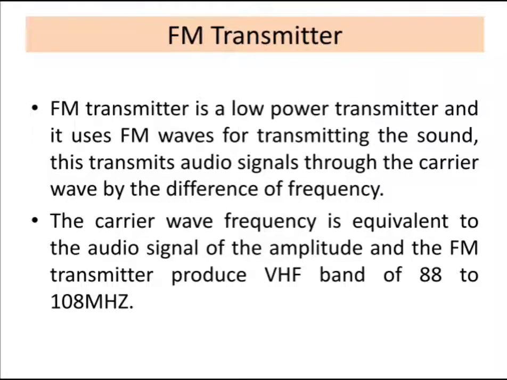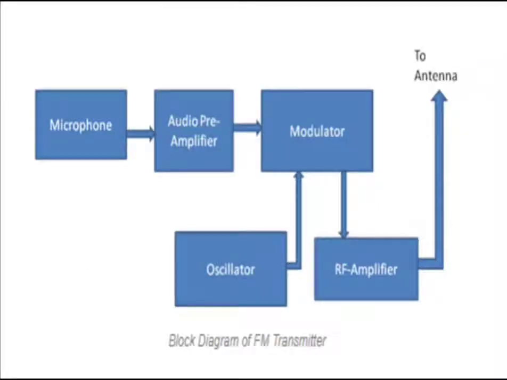Okay. And this is the block diagram of FM transmitter. You can see the first block is the microphone, and the microphone produces the message signals, which will be audio pre-amplified and sent to the modulator. The oscillator below gives the carrier signal, and then it is modulated by the modulator.